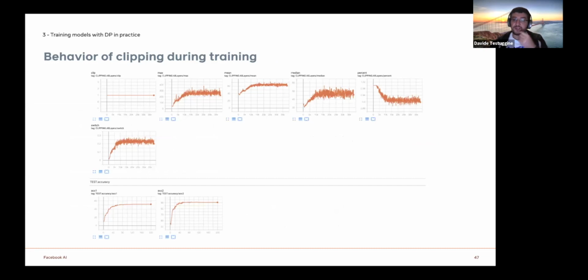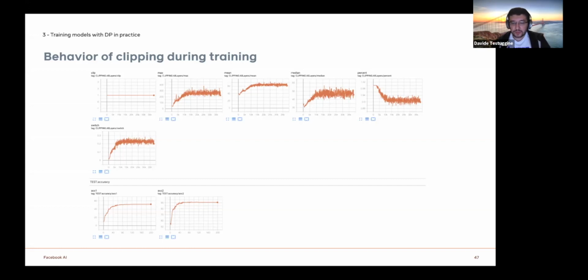Next up is the behavior of clipping during training. This tensor board is coming from Opacus. I'll show you in the demo in a second. Essentially, it's interesting to see what clipping makes your model do during training. And interestingly enough, the SGD algorithm is able to somewhat adapt to you messing with its gradients and clipping stuff.